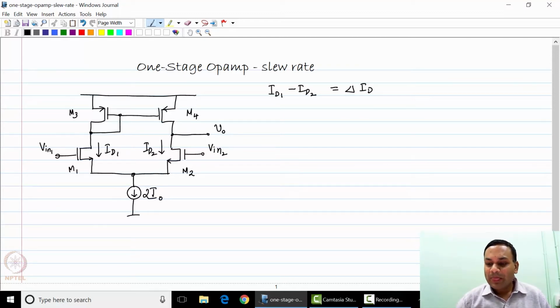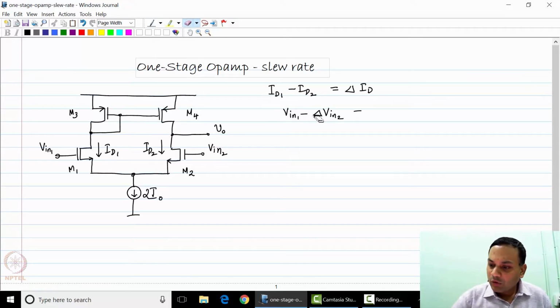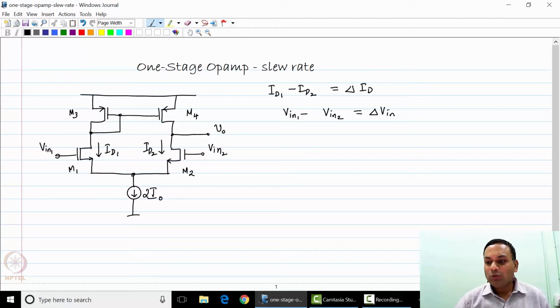I want to find this as a function of the differential input voltage which is applied, which is V in 1 minus V in 2, that is delta V in. So I want to plot ID1 minus ID2 as a function of V in 1 minus V in 2. Now to do that, I need to first calculate analytically ID1 and ID2 or the difference as a function of the input voltages.